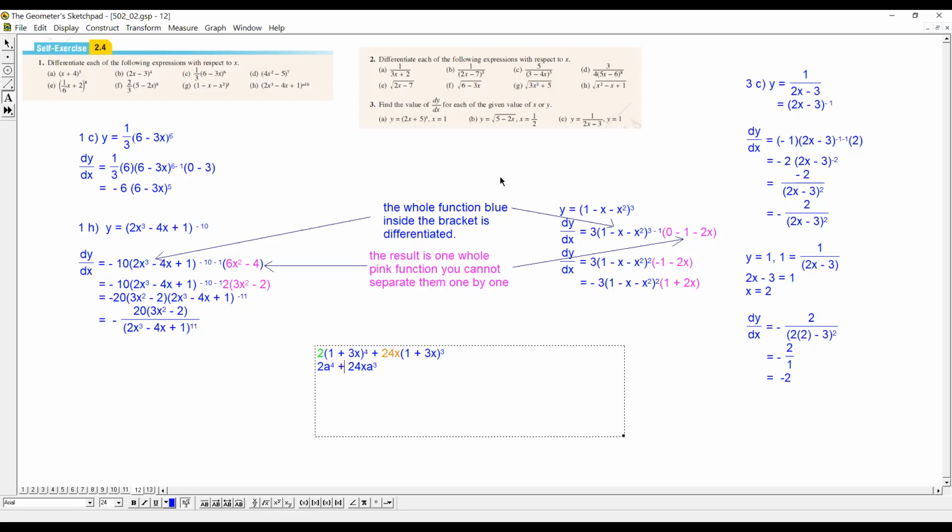Okay. Now, a to the power of 4 and a to the power of 3. What is common there? The common factor between these two terms is a to the power of 3.